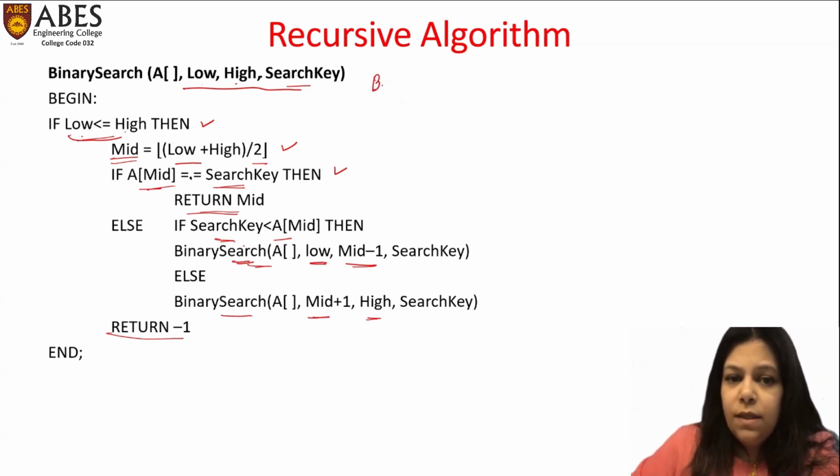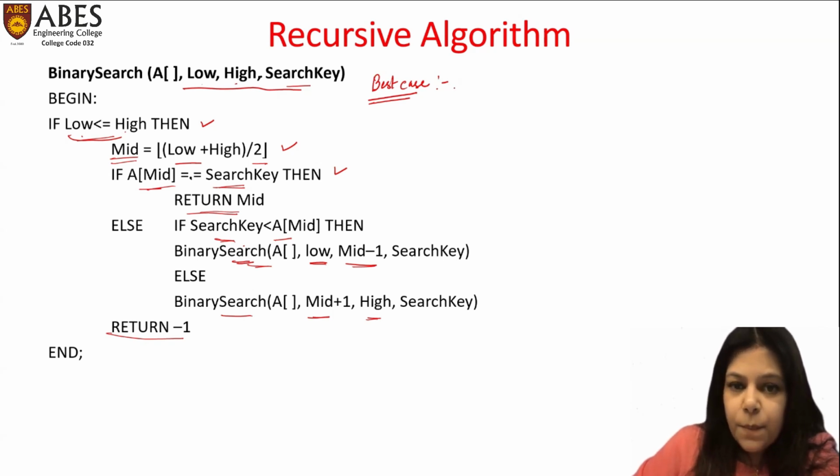So, in order to discuss the best case, we can see that if we find the target value at the middle index in the first iteration itself, that will be said as the best case of the algorithm. And in this case, there will be only constant time as the number of iterations will not be dependent upon n. So we can say that the best case complexity of the binary search algorithm is omega 1.